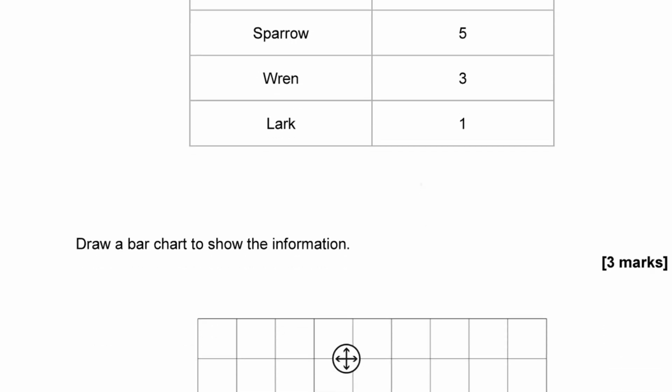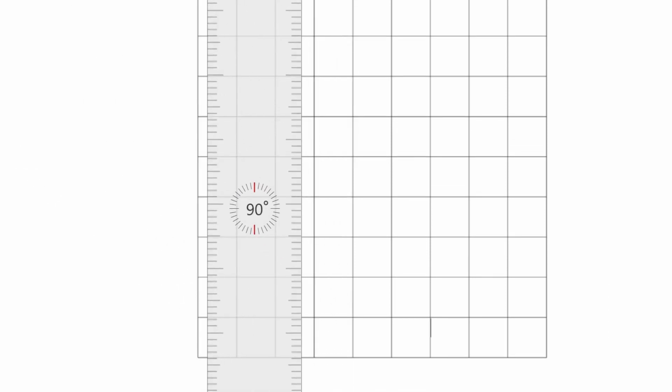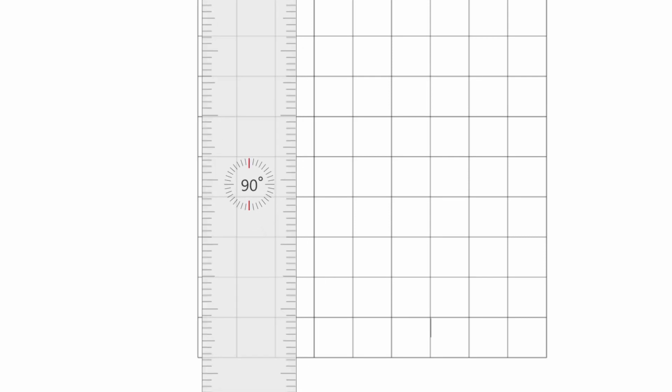Okay, so let's start off by drawing the axes. So I've got my ruler. Let's just draw my axes down the side and along the bottom. Okay, so there's one axis. Oops, and then along the bottom as well.